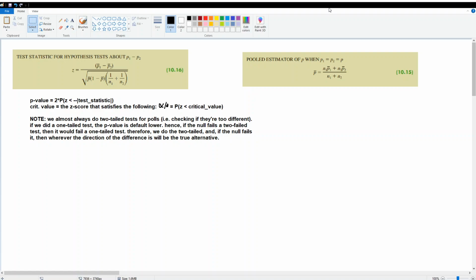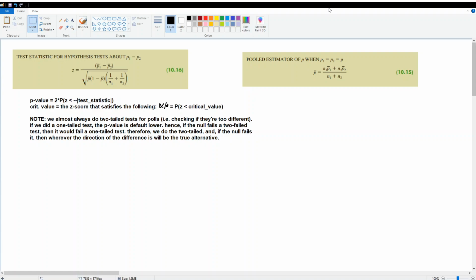In this case, when we're comparing two proportions, what we care the most about is, did they come from the same population? If they didn't, they came from different populations, and therefore, one of them is going to be greater than or less than the other. Now, if they came from different populations but had the same mean, then it probably wouldn't fail the test.